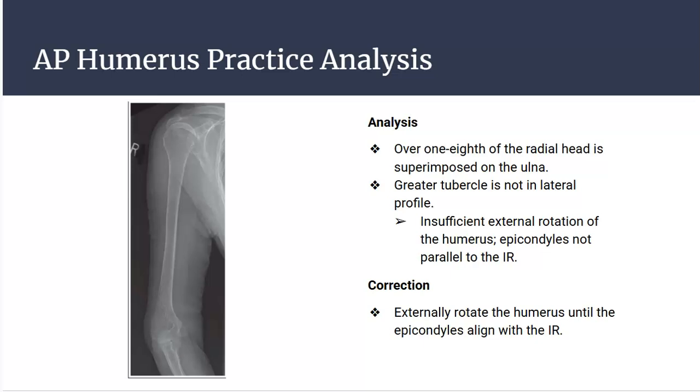By looking at the elbow joint, the epicondyles are not aligned with the IR parallel, and you can see that the radial head is superimposing the ulna by more than 1/8. This should indicate to you that the patient's arm was insufficiently externally rotated. We need to increase that rotation until those epicondyles are parallel with the IR to get your true AP projection of the humerus.